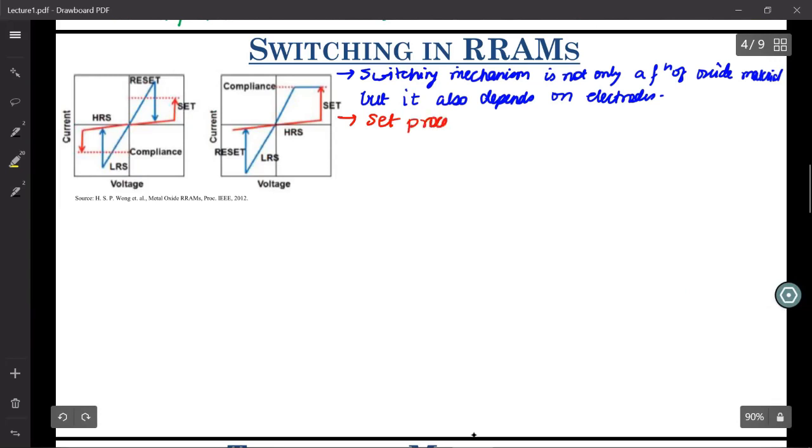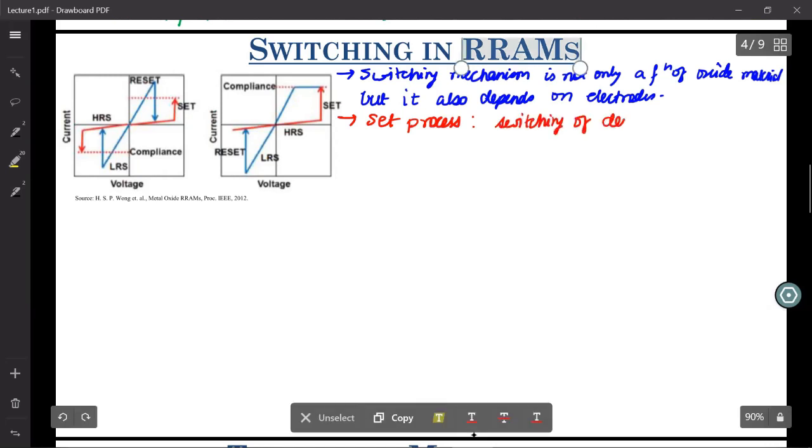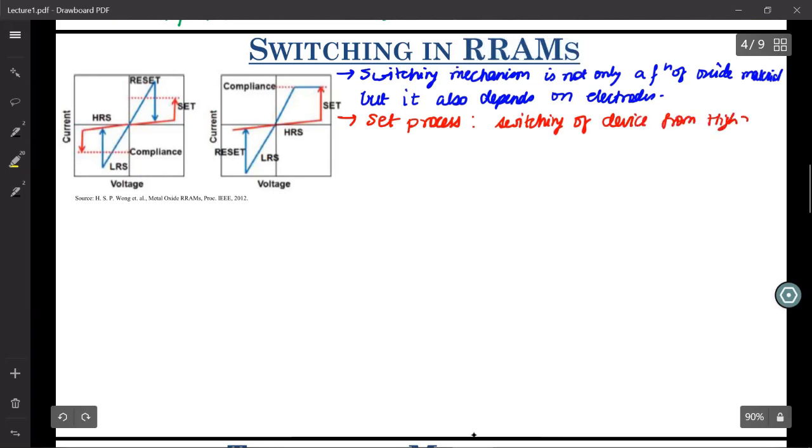One is the set process. The set process refers to switching of the device from high resistance state to low resistance state. From now on, I will refer to this high resistance state as HRS and this low resistance state as LRS.